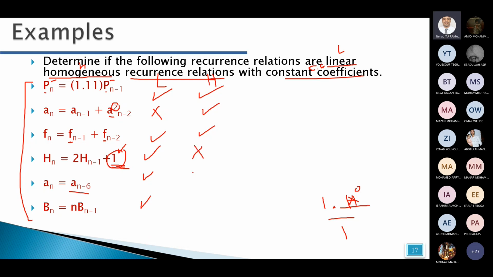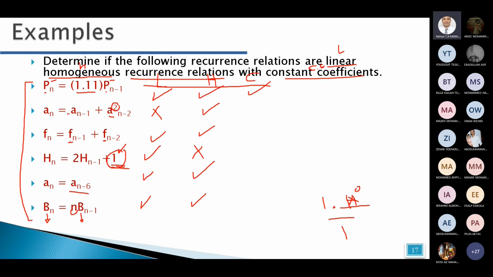This one, homogeneous. This one, homogeneous. This is the coefficient. Here are the variables of the equation. Now let's see if it has constant coefficients or not. First one, 1.11, it's a constant coefficient.